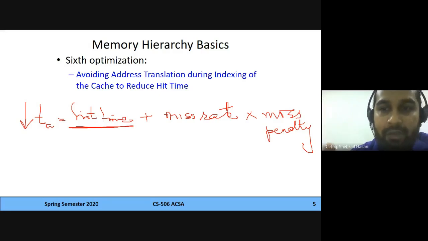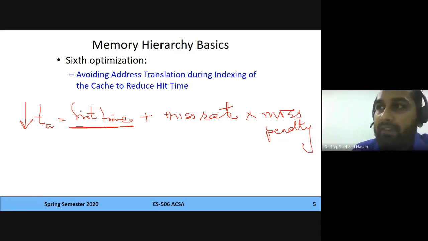But when you have a cache in between, then the problem comes: how is the cache going to know where this particular block is situated, because that address is not of the main memory? So in that case you need a translation.